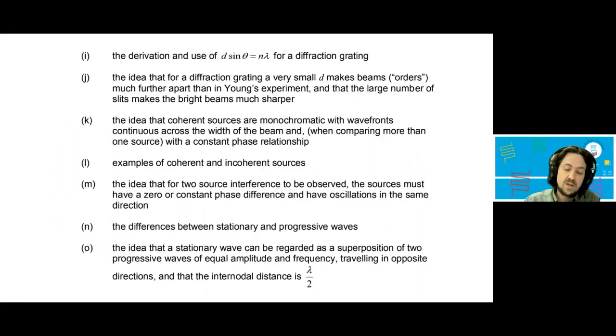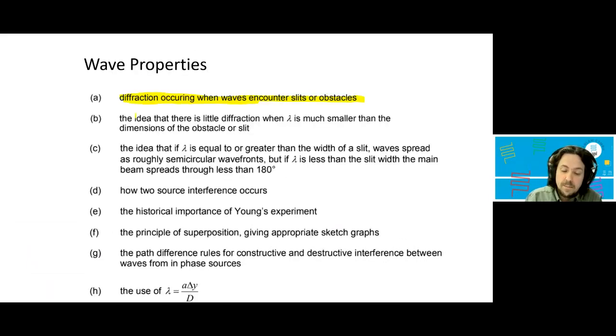Now, if you'll notice in the specification here, it does tell you a little bit about what you need to know. So the idea that there is little diffraction when lambda is much smaller than the dimension of the obstacle or slit.